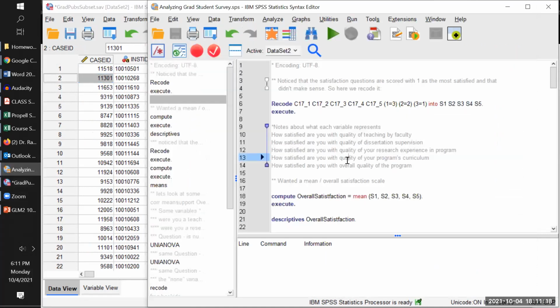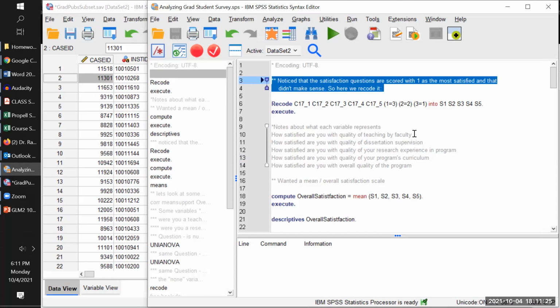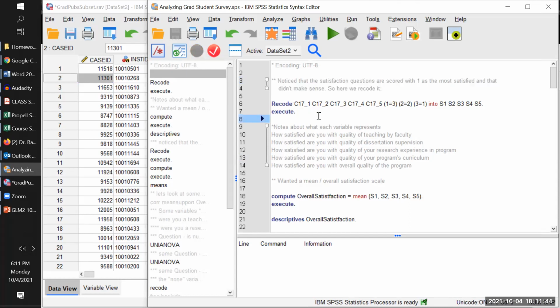So I've done some pre-exploring of this data. There are a bunch of satisfaction questions, and they're all scored with 1 being the most satisfied and 3 being the least satisfied, which didn't make a lot of sense. So I've recoded all of those into a satisfaction score. And then here's some information. How satisfied are you with the quality of your teachers?